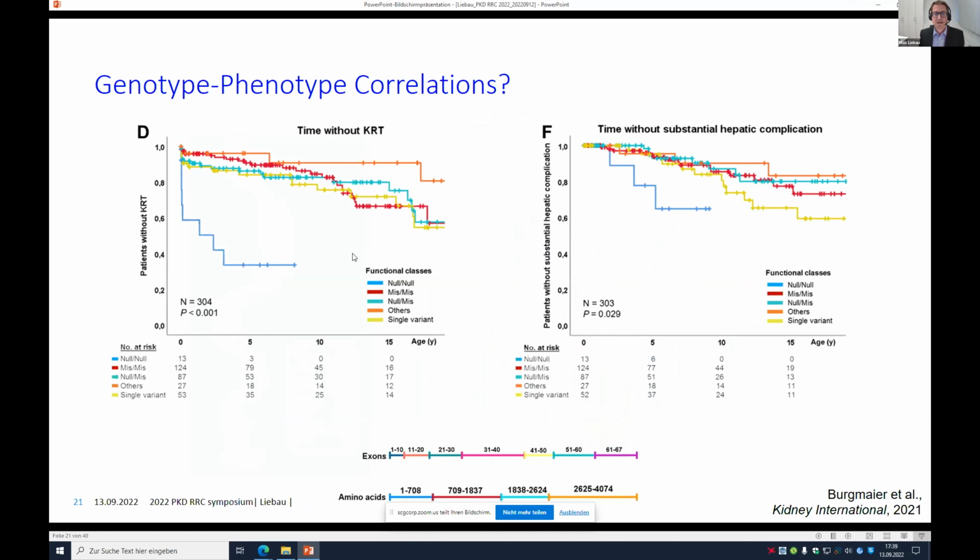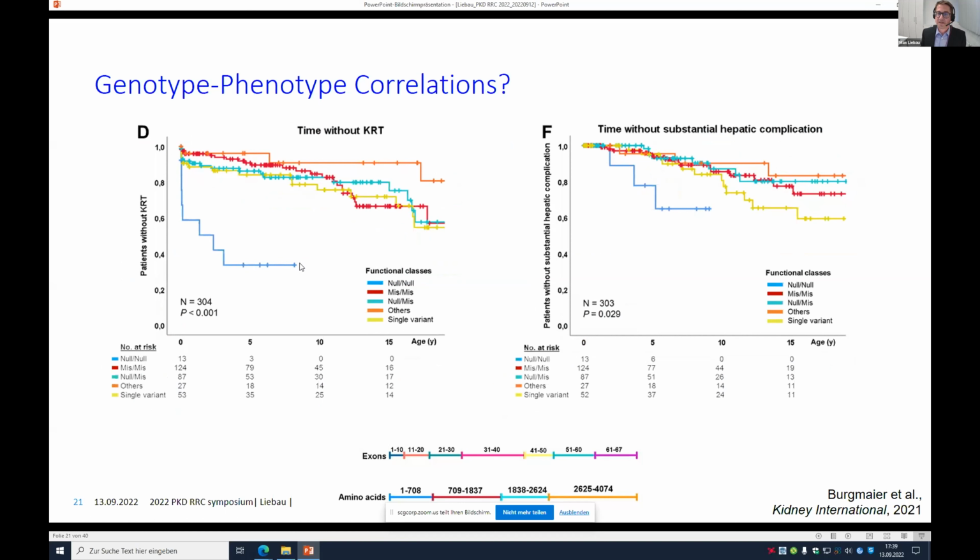Here we started by looking at the type of variant first, and we compared patients with 2 null variants with patients that either had 2 missense variants, shown here in red, or a null and a missense, etc. And we see that the blue patients, the ones with 2 null variants, progressed to kidney replacement more rapidly.